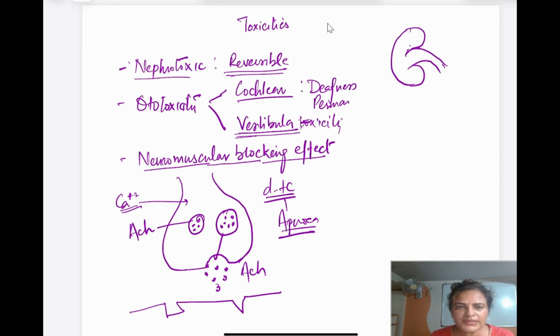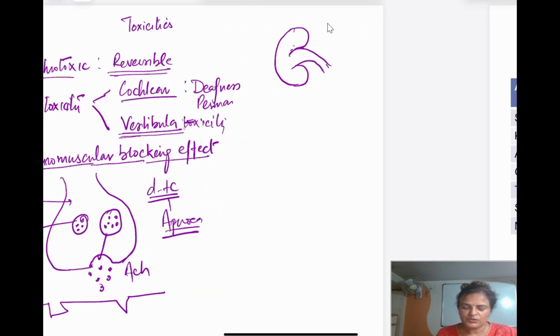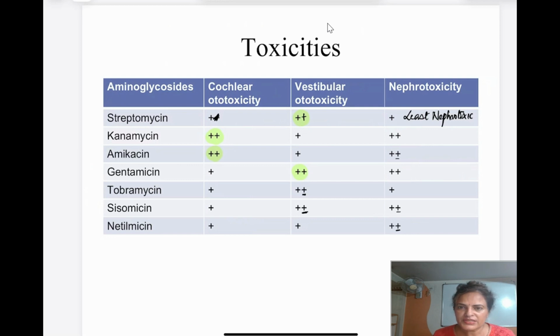So this is about the toxicity. Remember the important toxicities: nephrotoxicity, ototoxicity, under which there is cochlear toxicity and vestibular toxicity, and the third one is the neuromuscular blocking effect. In toxicity, streptomycin is the least nephrotoxic. This is an important MCQ.